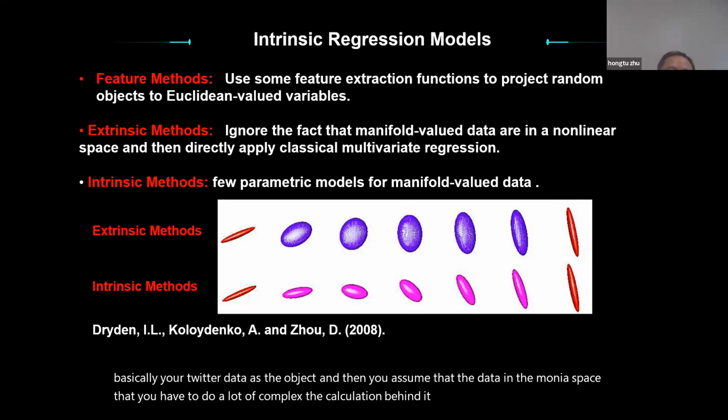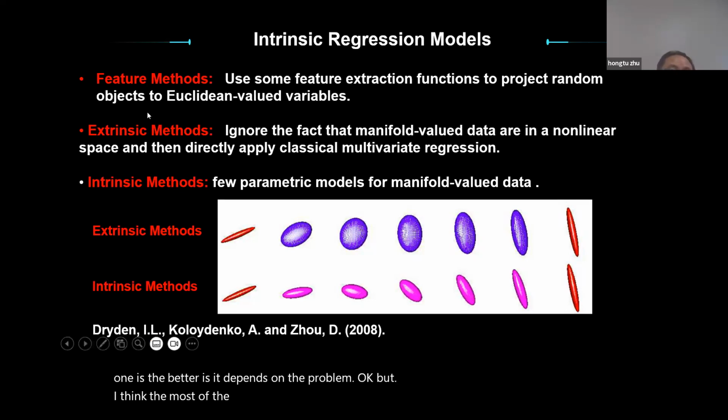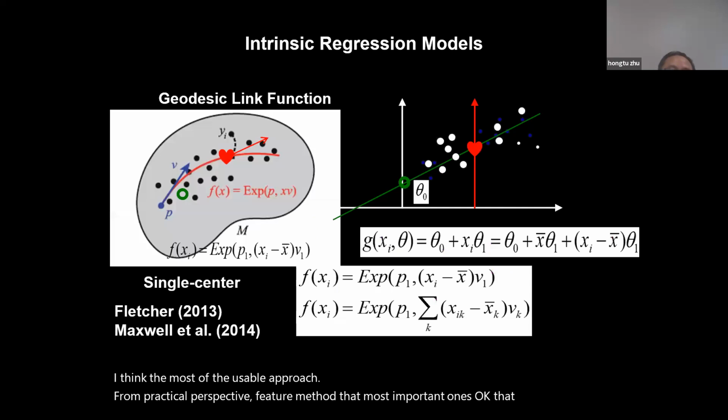Which one is better practically depends on the problem. But from a practical perspective, I think feature methods are the most important ones, and that's the reason we use them a lot.